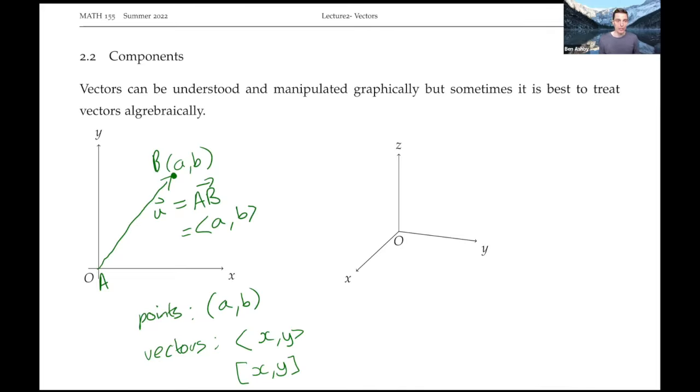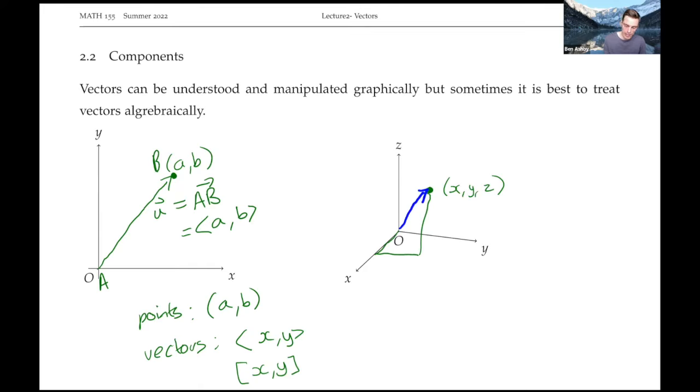So again, if we want to draw a point in 3-dimensional space, suppose we go along the x-axis, the y-axis, and the z-axis to some point here, x, y, z, then we can describe this by a vector here.